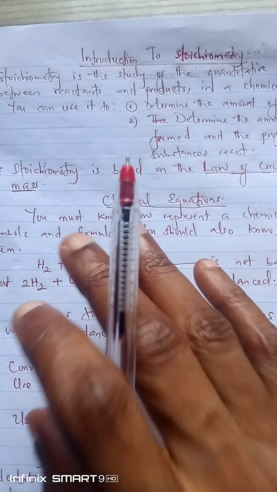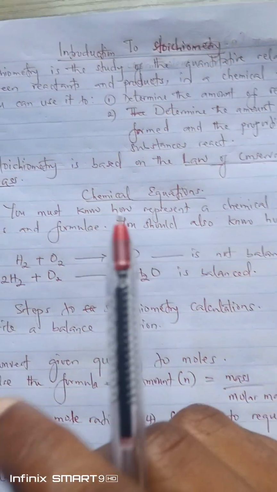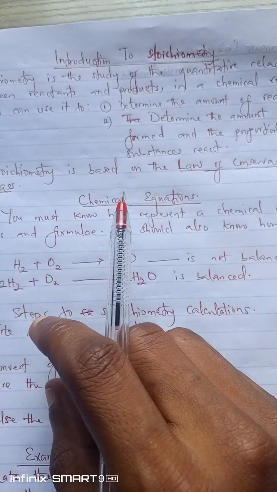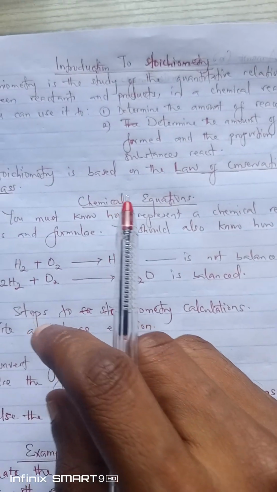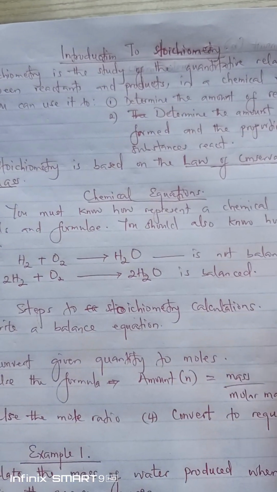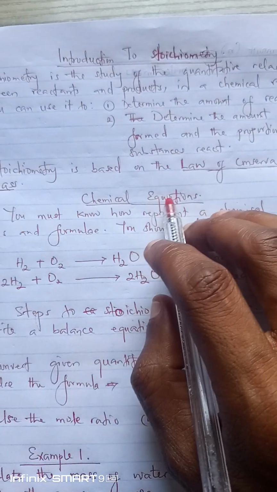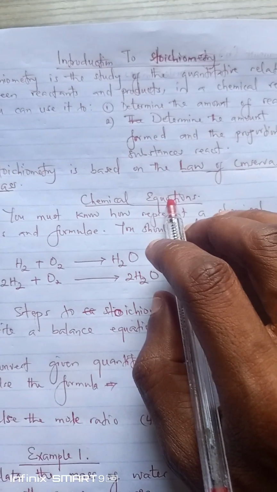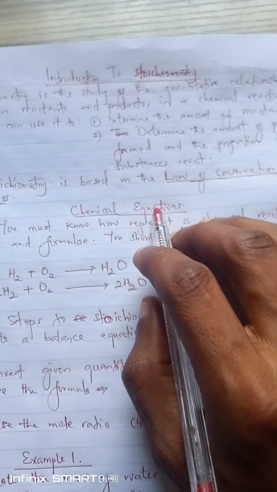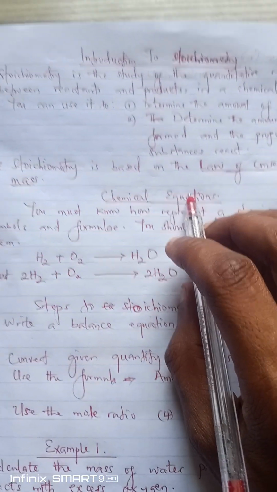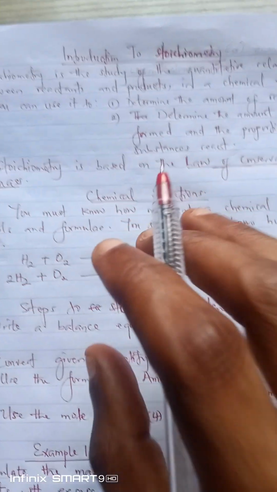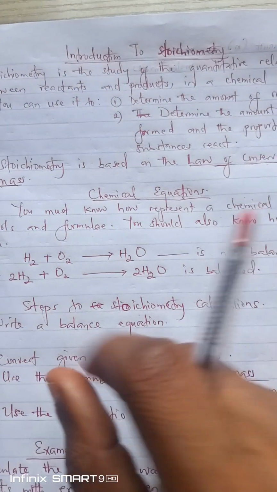Now, another important thing that I want you to know is that you cannot solve anything in stoichiometry if you don't know how to write and balance what we call a chemical equation. If you don't know how to write and balance chemical equations, there is nothing you can do. So after this video, if you need to carry your chemistry textbook and revise it again, it will be very, very important.